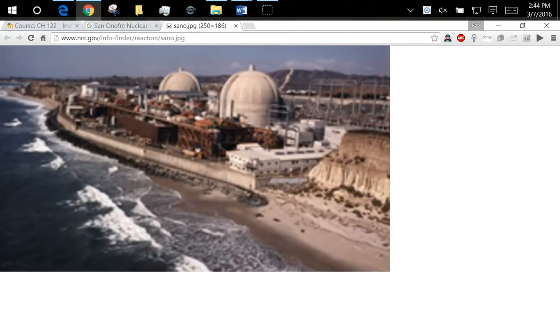It's a really nice beach. Do you think people hang out there? Why not? Because there's an operating nuclear power plant like 20 feet from you, so it's not the most inhabited beach in California, that's for sure.